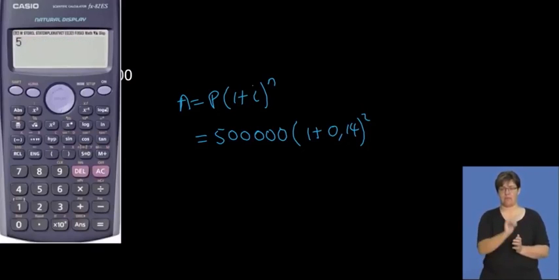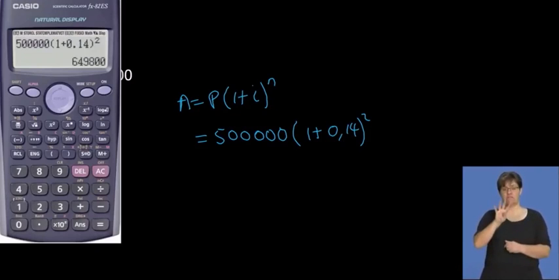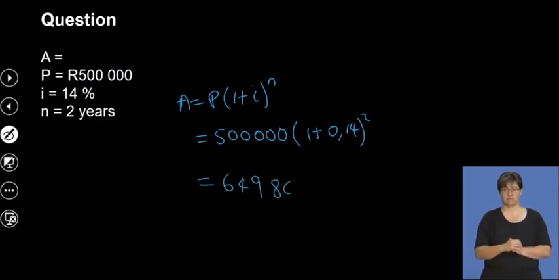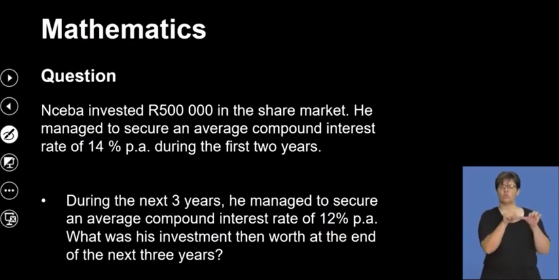So this will be 500,000 into 1 plus 0.14 to the exponent of 2. And Nceba will then have 649,800 rands.